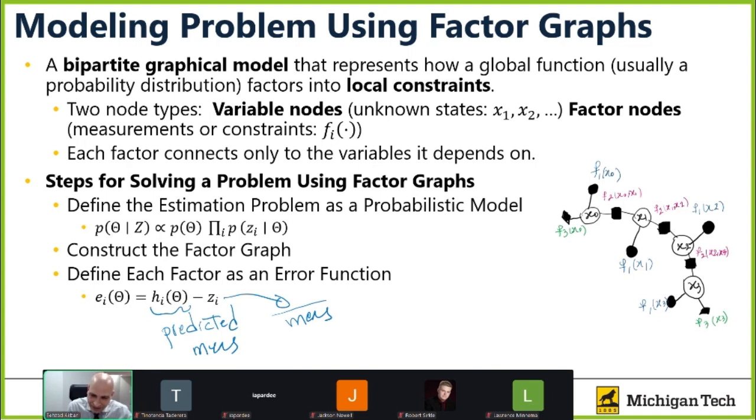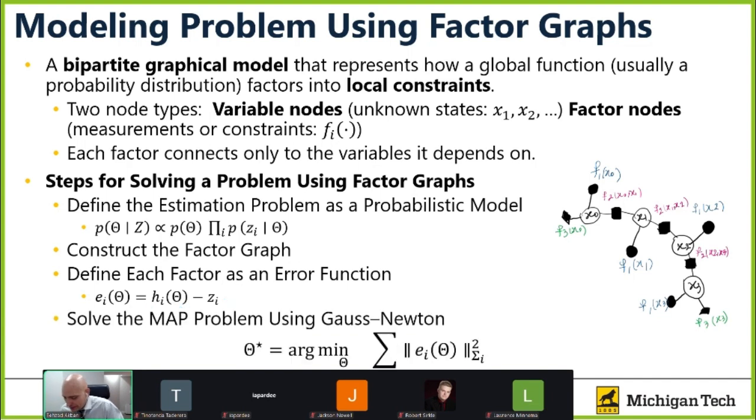Why? Because we want to change it to an optimization problem. If we consider these measurements or predictions to be Gaussian, which we love, we can change the whole problem into one simple maximum a posteriori problem.